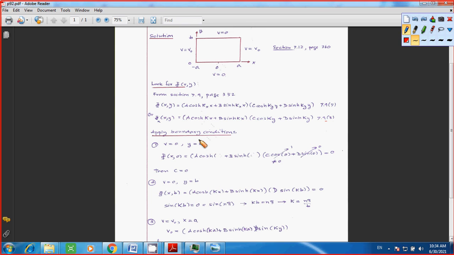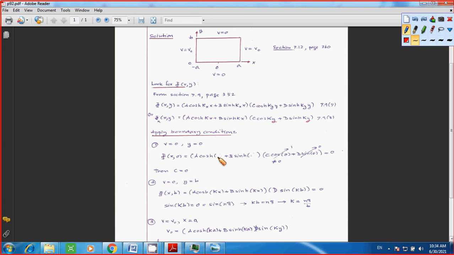Okay, look at the system. By applying boundary conditions, you start with V equal to 0 at y equal to 0. This is your y equal to 0, right? You pick up this equation. So for y equal to 0, you have y here from equation 7.98.